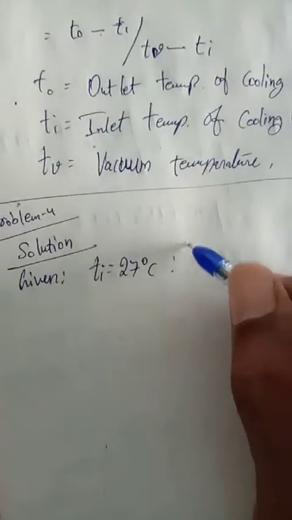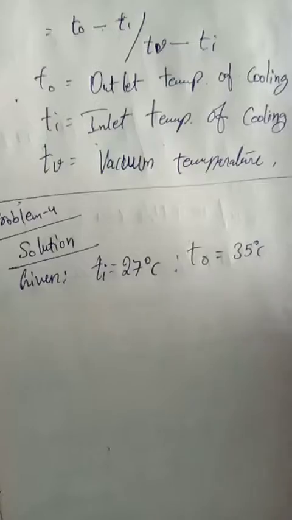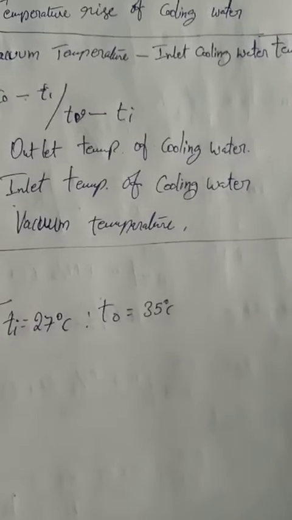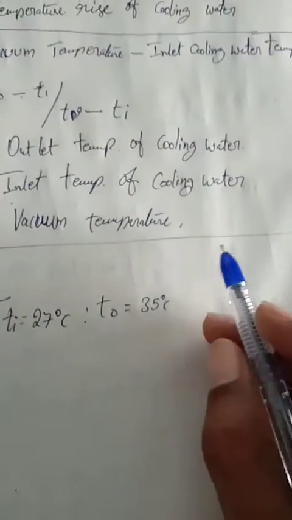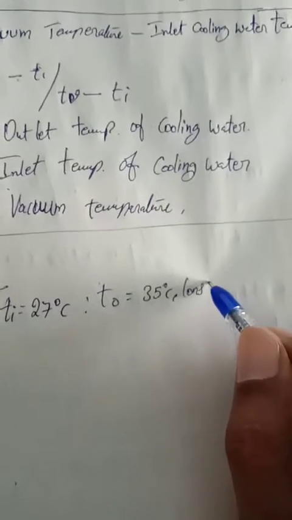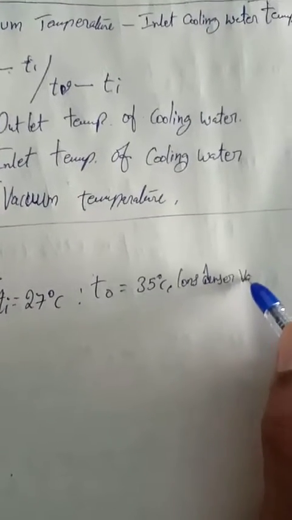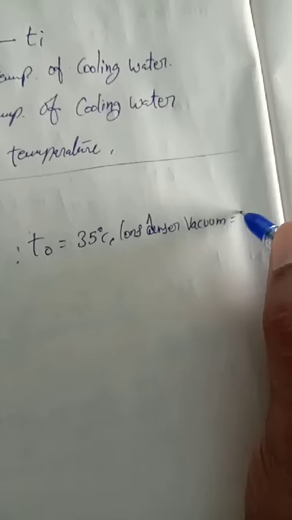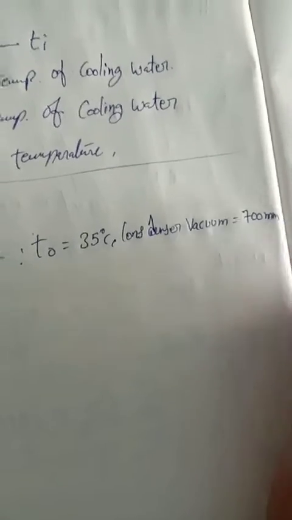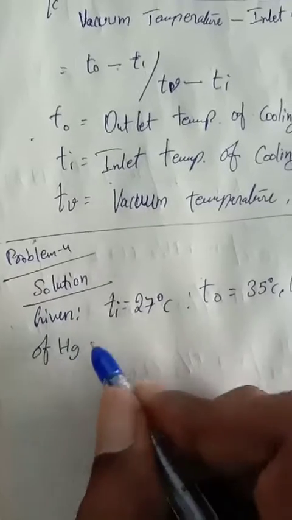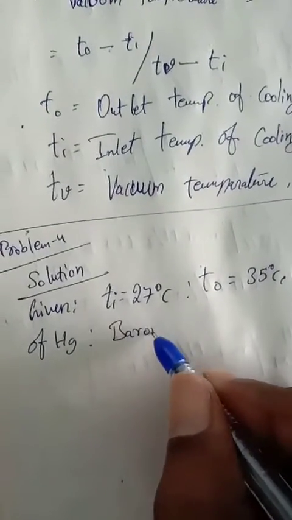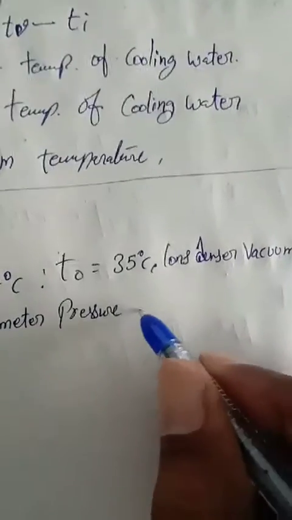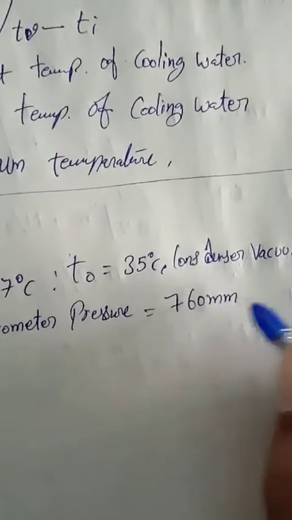T0 is equal to 35 degrees Celsius, and now consider the condenser vacuum is equal to 700 mm of Hg, and barometer pressure is equal to 760 mm of Hg.